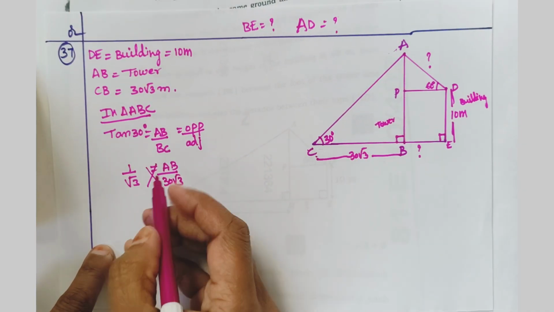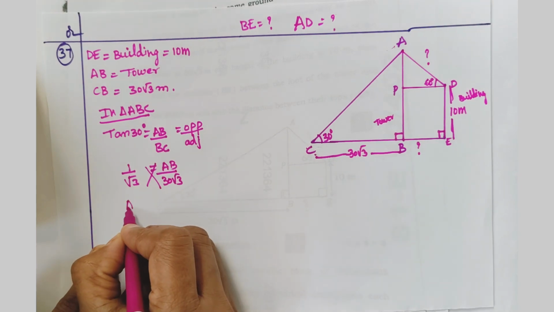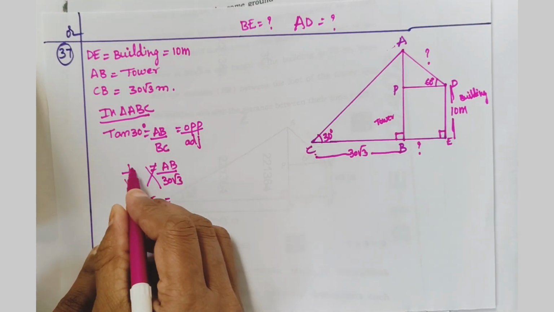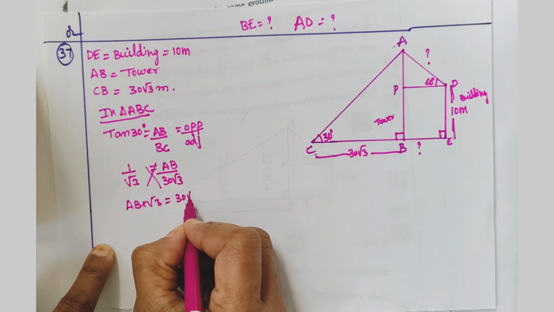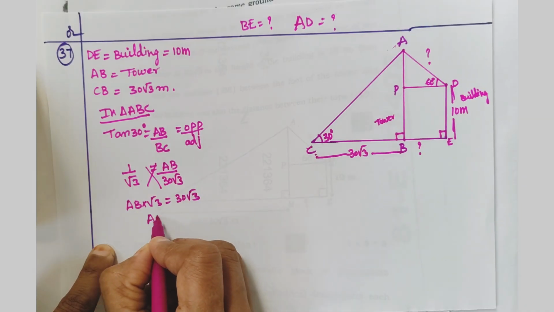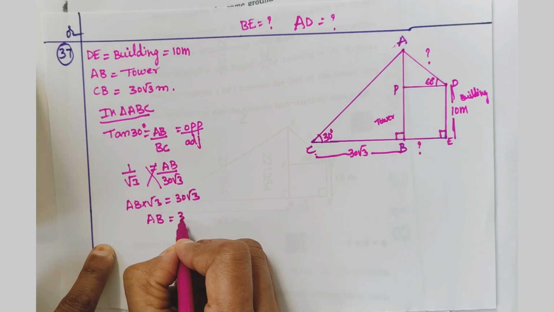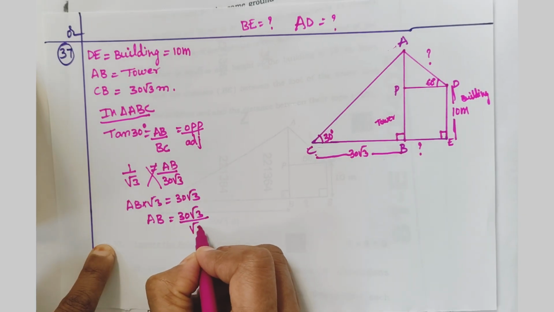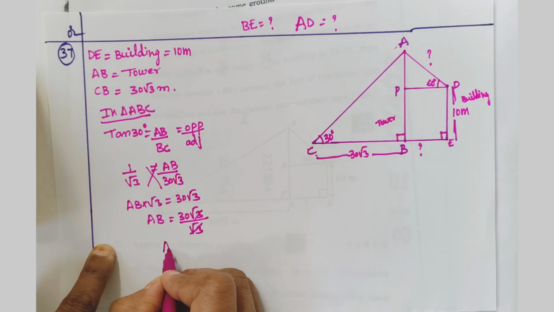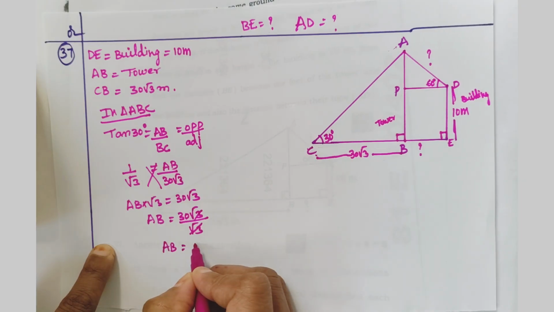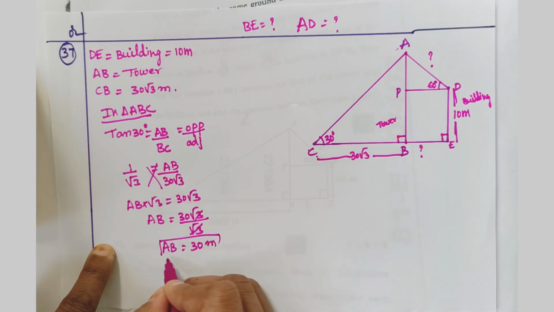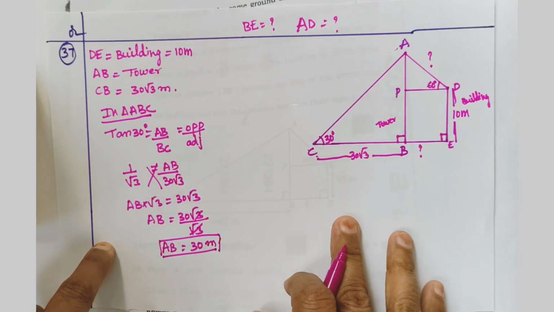AB into root 3 is equal to 30 root 3 into 1, that is 30 root 3. Root 3 cancels. AB is equal to 30. AB is 30 meters.